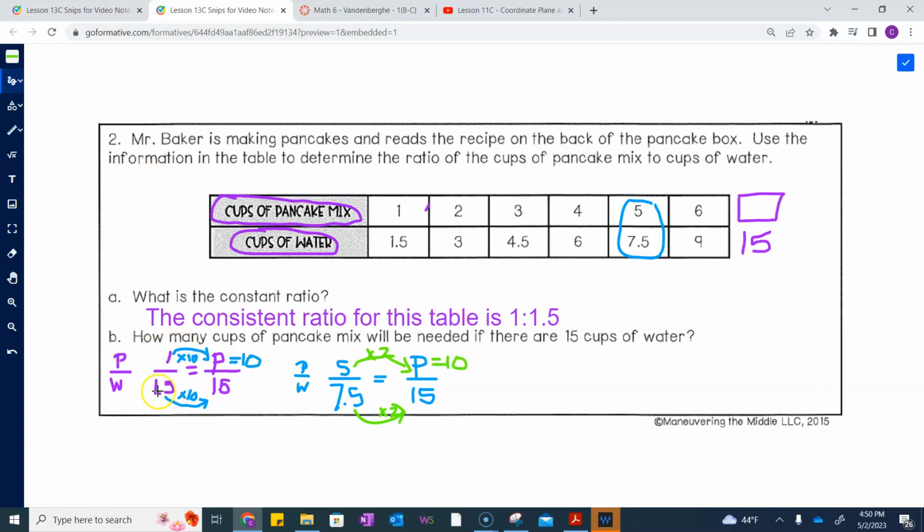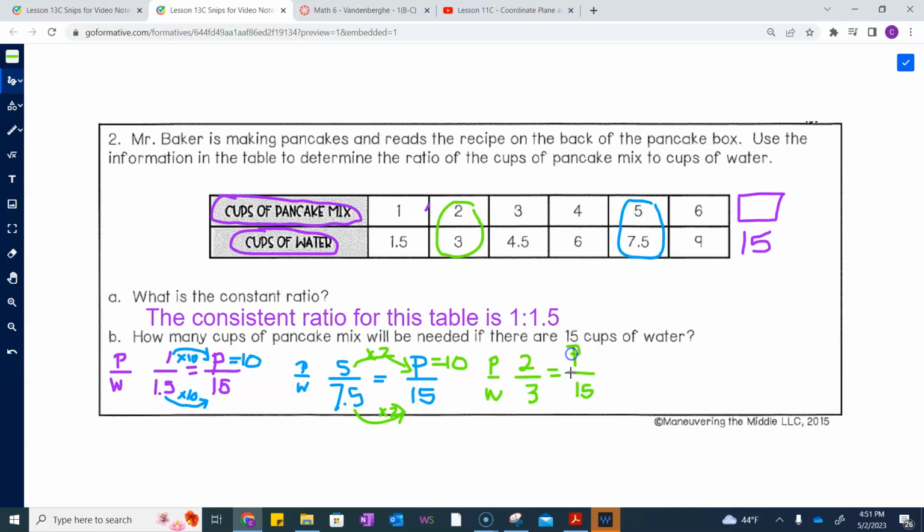Okay, and so you might not like this one. You might not even like this one. It should make sense to you now, but if you don't like those, maybe you like to use your whole numbers. So let's set up for pancake mix to water again. 2 to 3. And we want that to grow to 15 in the bottom for the water.